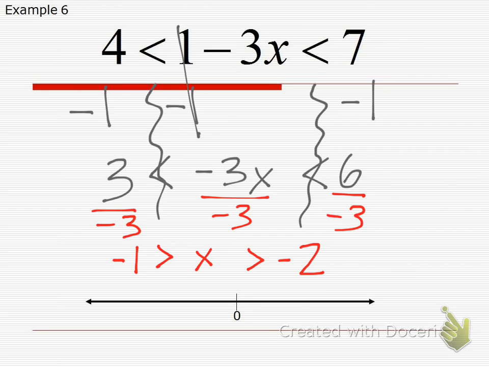Now, I told you on the ORs, it doesn't really matter if you want to put the smaller one in front. I would recommend it. That's the way the book will do it. That's the way I will do it. On AND problems, you absolutely have to rewrite it with the smaller one in the front. So you need to rewrite it with the negative 2 less than x less than negative 1. ANDs are always written using less than symbols.